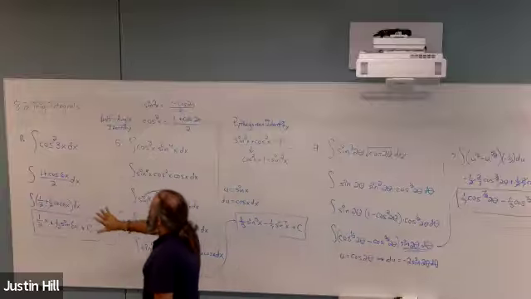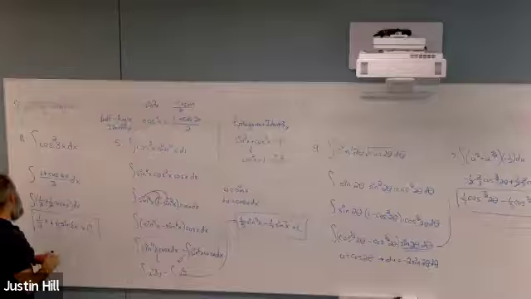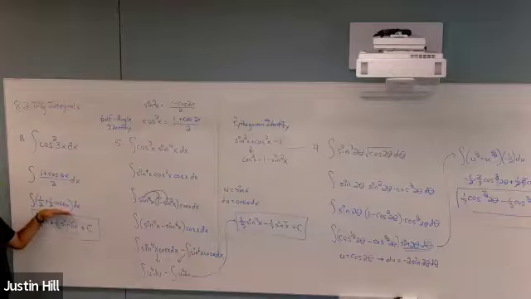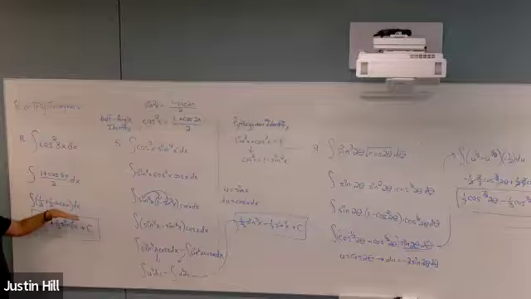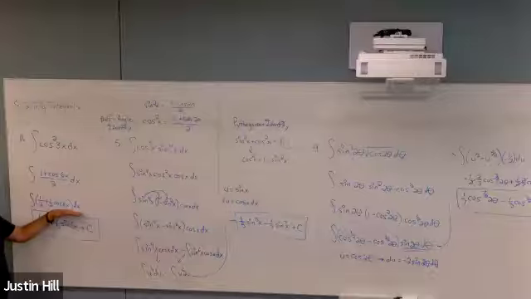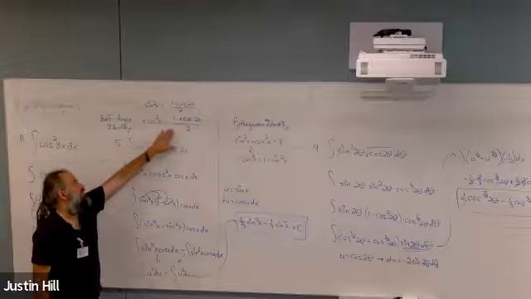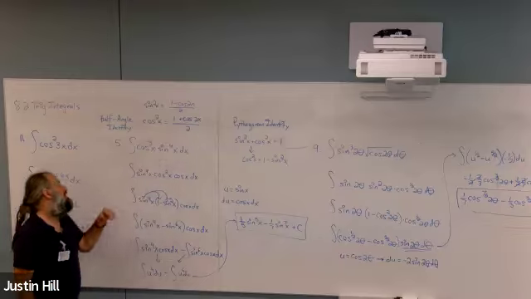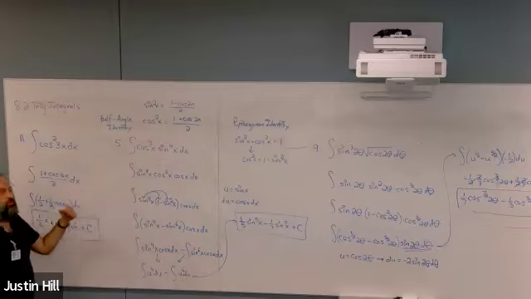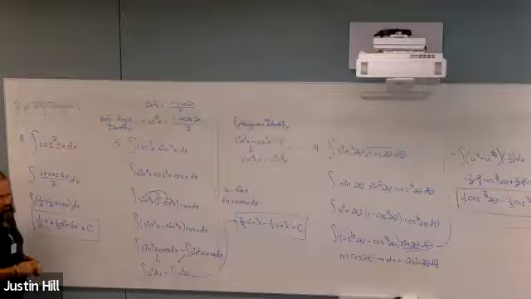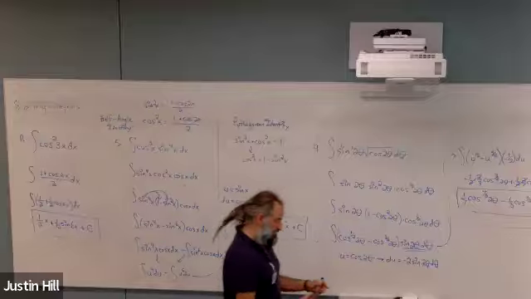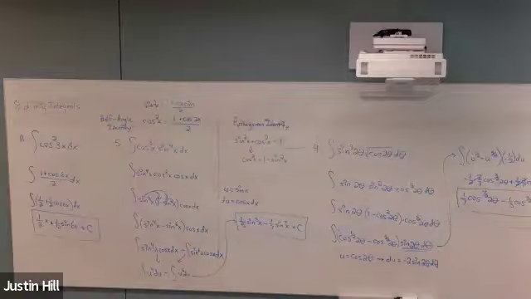If you have higher powers, you won't always be able to break it down to something that integrates naturally, but you'll at least be able to break it down into an integral that you can use substitution on. So you'll have some odd power eventually, with larger and larger angles, that you can then use a substitution on. I do want to look at one of those examples, but I don't want to get too lost and do too many problems.